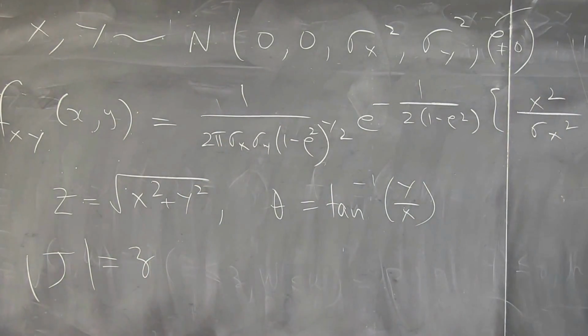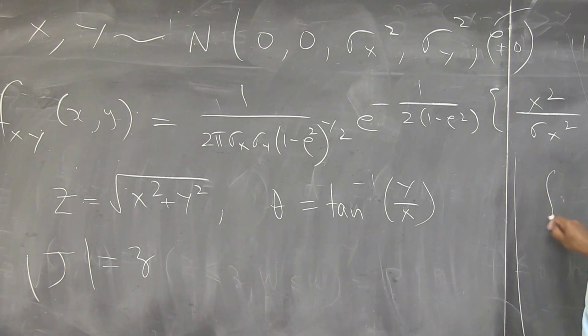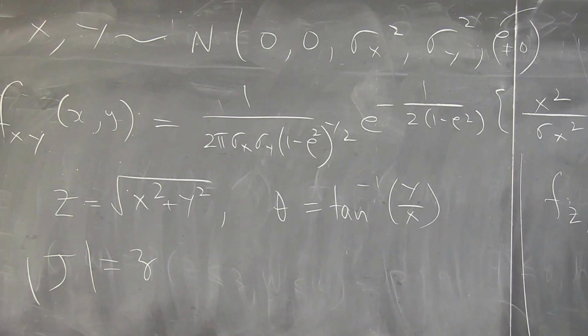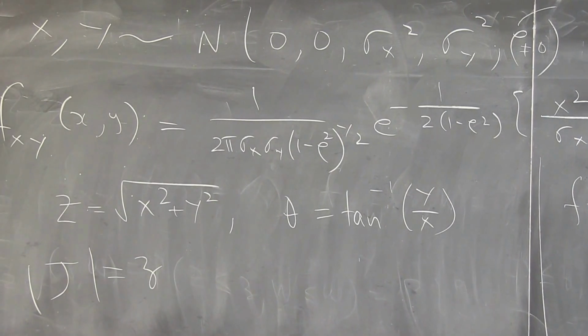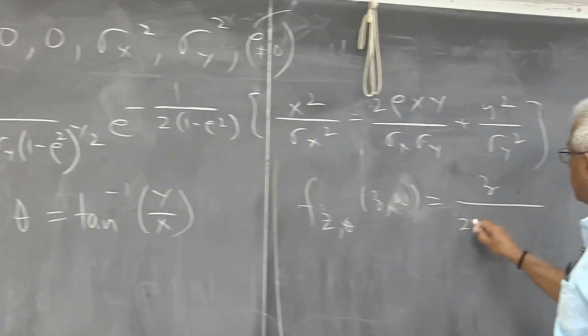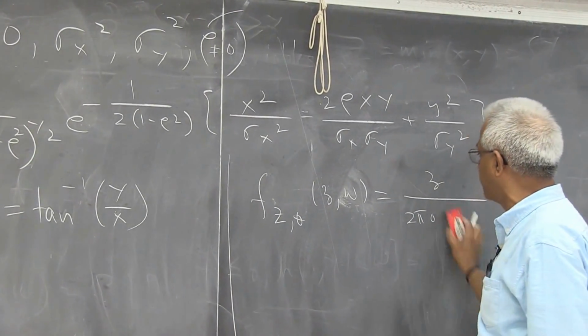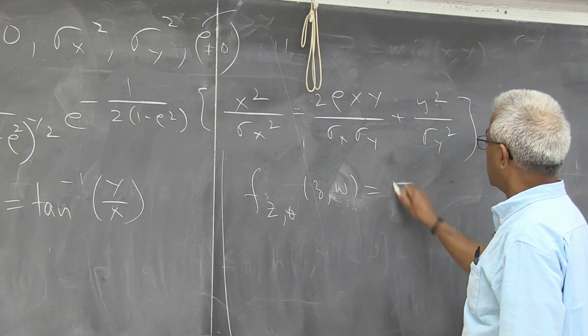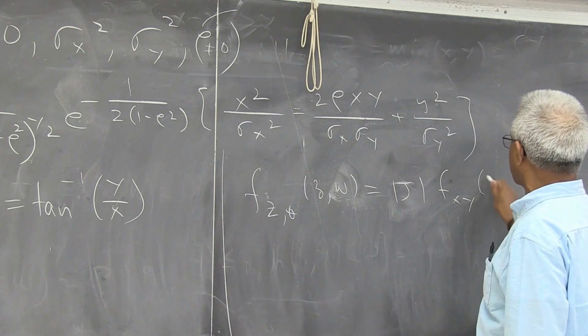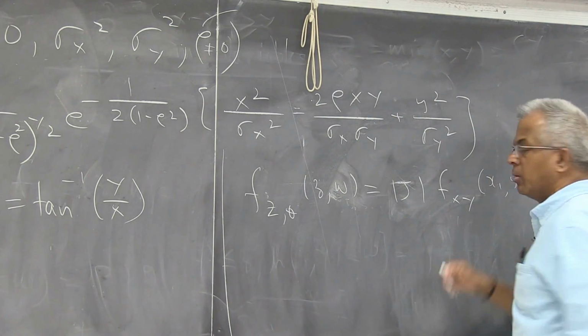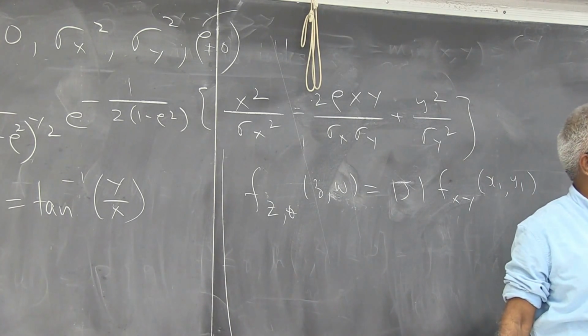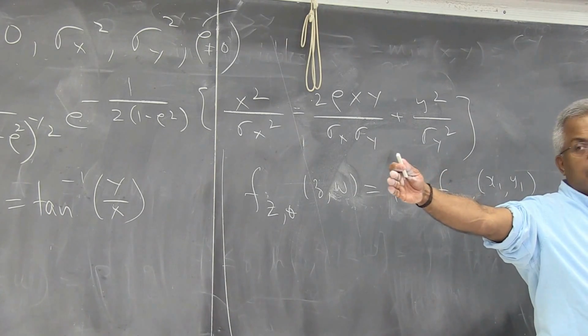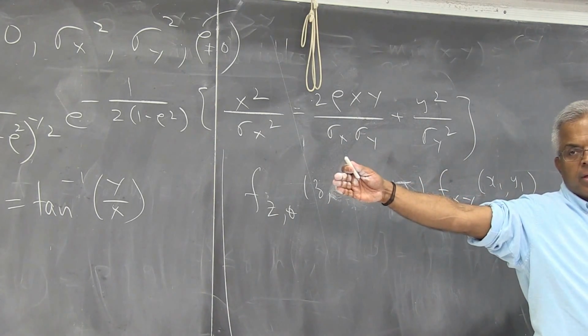So the joint density function would turn out to be the Jacobian multiplied by the density function evaluated at x1 comma y1. As I said, if I do that, then I am considering theta to be from minus pi to pi.